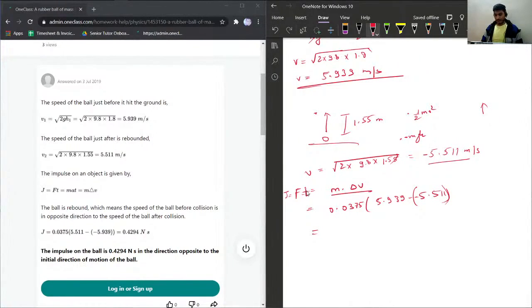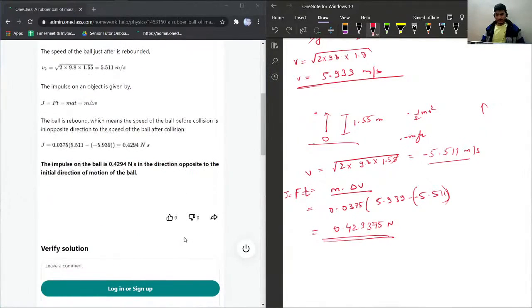5.939 plus 5.511, into 0.0375, and my impulse is coming out to be 0.429375 newton-seconds. And the solution given by the Junior Tutor is the same.